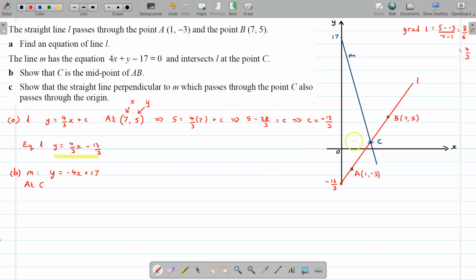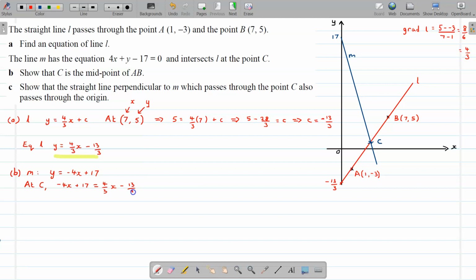So we relate this y here to this y here, and set the two equal to each other. So at the point C, we can say that minus 4x plus 17, which is y, must also equal this y, which is 4/3 x minus 13/3.